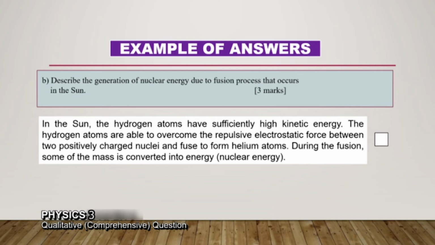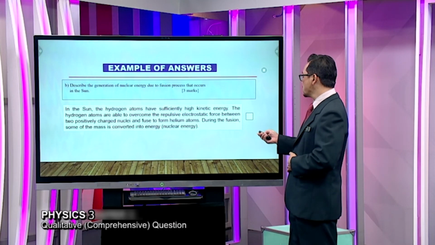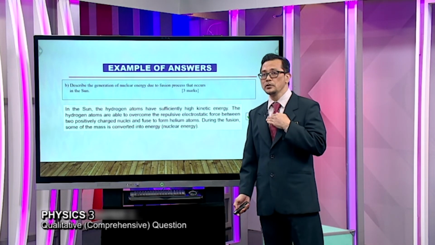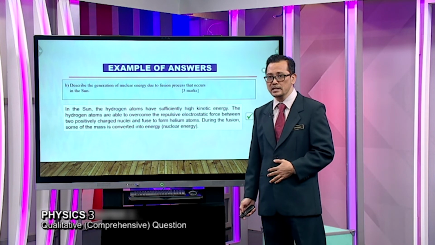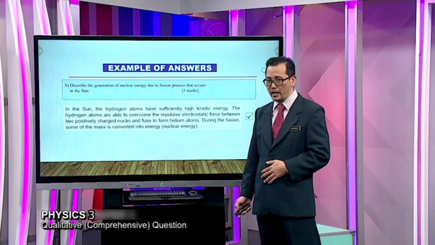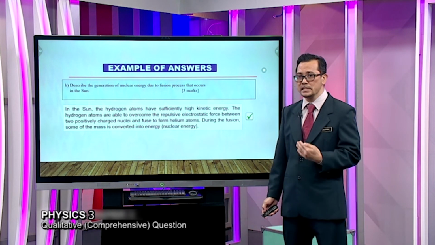So that is the process. During the fusion, some of the mass is converted into energy. Can you see the difference between the first answer and this answer? So make sure if you are asked to describe a process, do not justify it. Just describe it step by step.